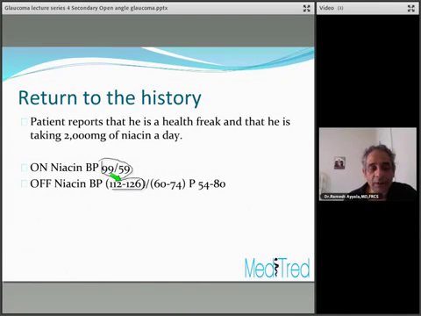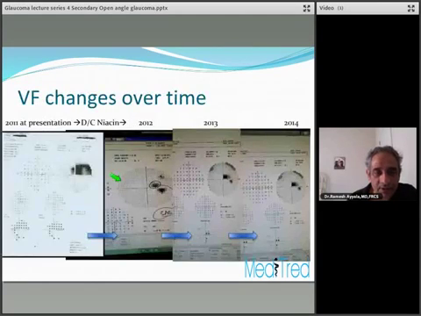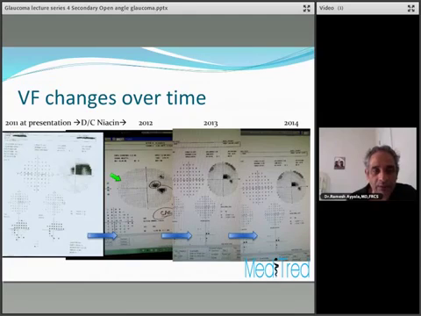So this particular patient, I believe, was having periodic hypotension related to niacin usage, and that is compromising the function of the optic nerve head on his right eye.